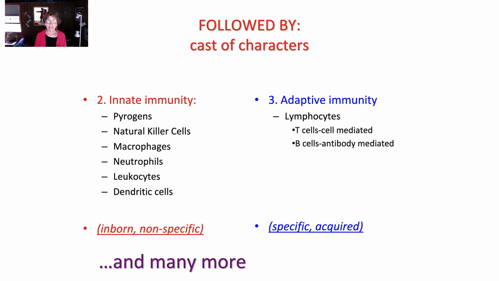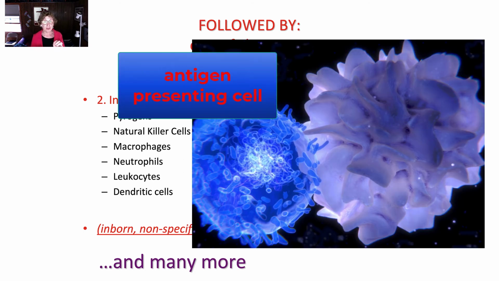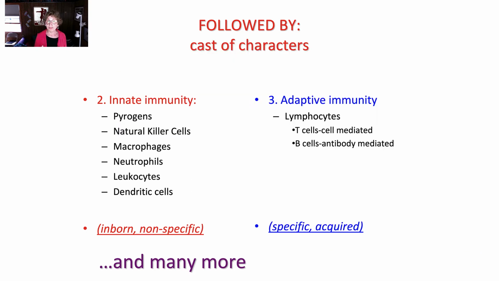We have what are called natural killer cells, macrophages, neutrophils, also known as pus, leukocytes, white blood cells, and dendritic cells. We'll talk about how it's the dendritic cells that have these spiky parts of them that will take a piece of the pathogen and present it to our adaptive immune system, looking for that specific, that's the adaptive immune response. It's very specific.